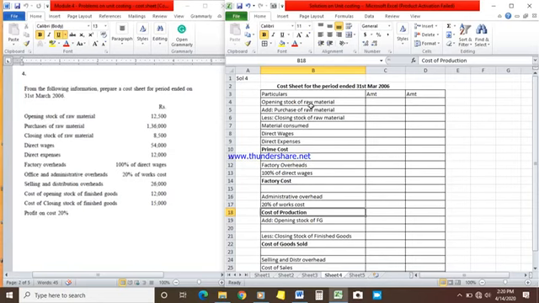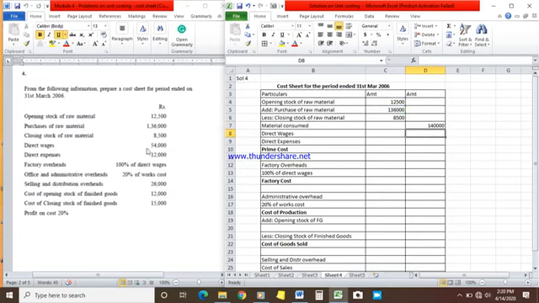So the opening stock of raw material is given as 12,500. I'll write it in the inner column. Then we are given purchase of raw material, that is 1,36,000. Closing stock of raw material is 8,500. By adding the opening stock and purchases and deducting the closing stock, we get 1,40,000, that is material consumed.